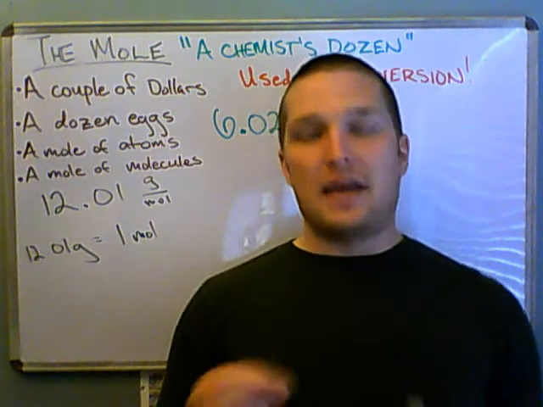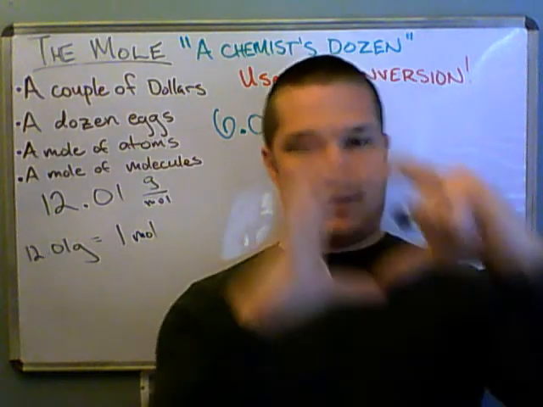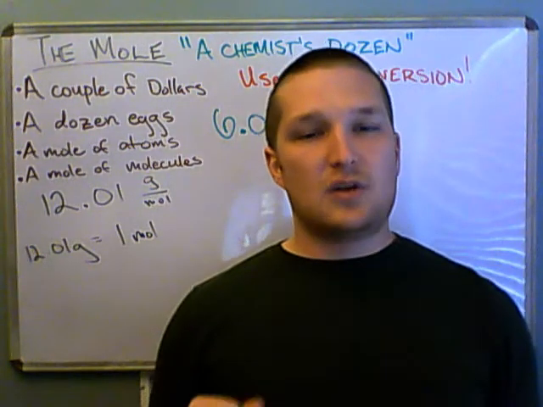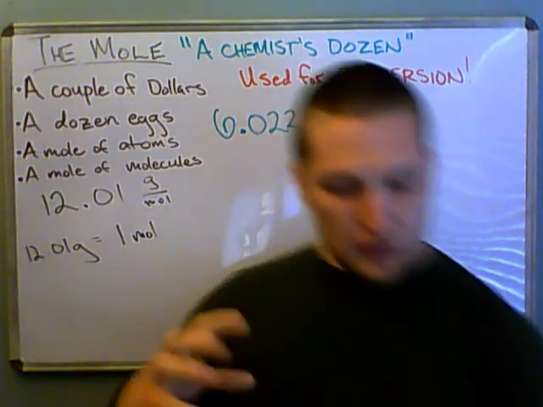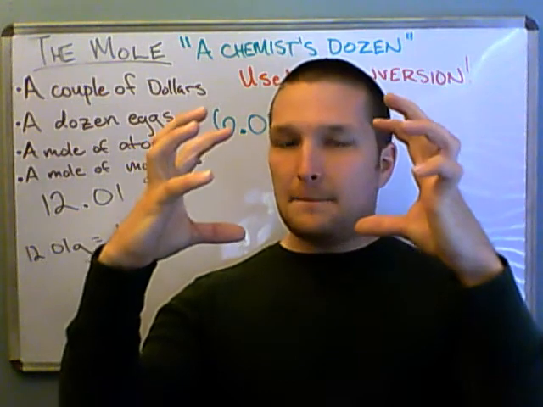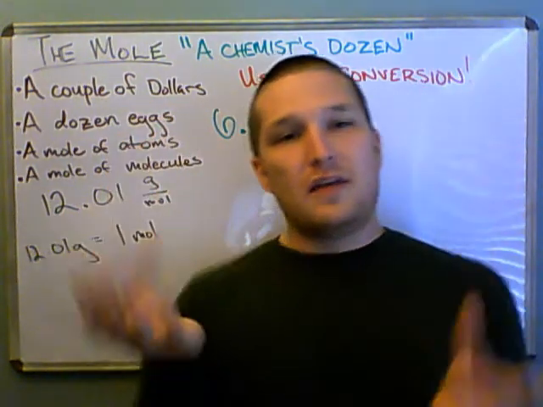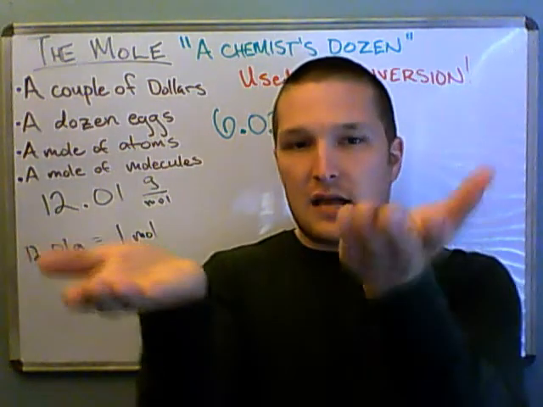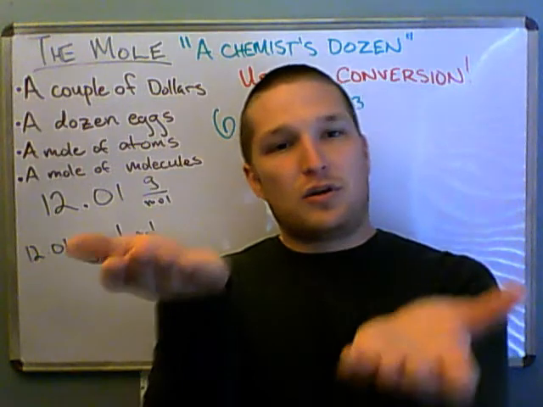Lead is really heavy. If you have this much lead, it weighs as much as this much water. So with chemistry, we're working with the atom, and we want to try to get the right number of atoms together, okay? But if each atom of lead weighs so much more, then you can't just put it on a scale and say, okay, I have the same weight, because the lead weighs so much more and you're not going to have the right number of atoms.